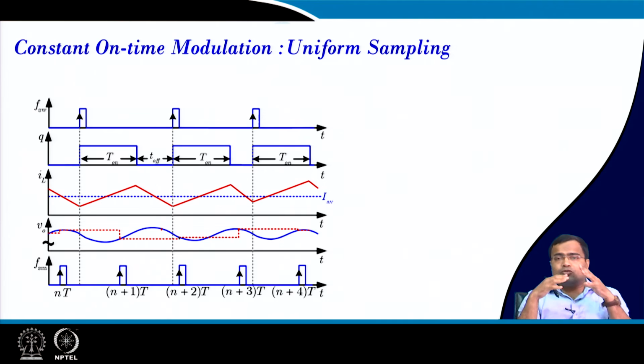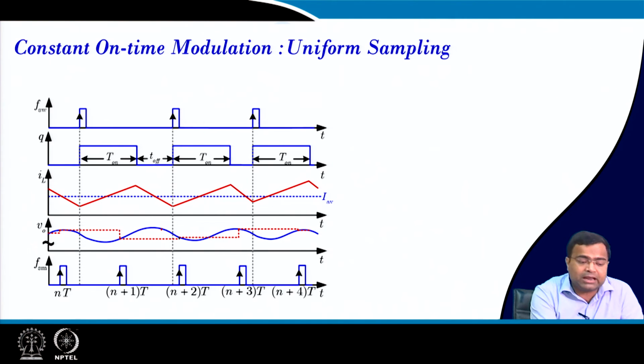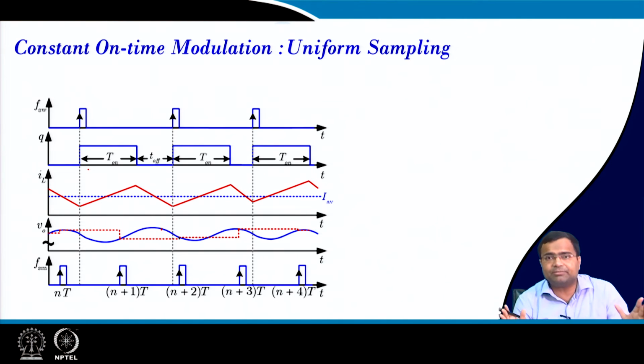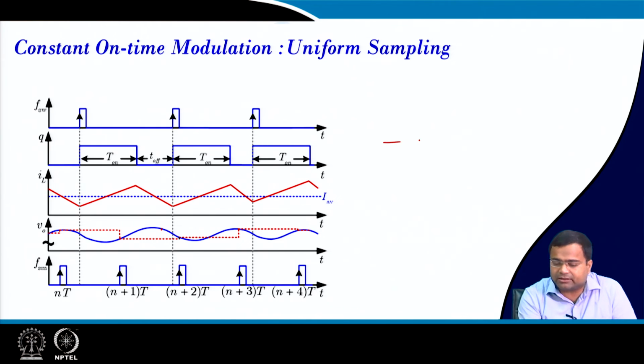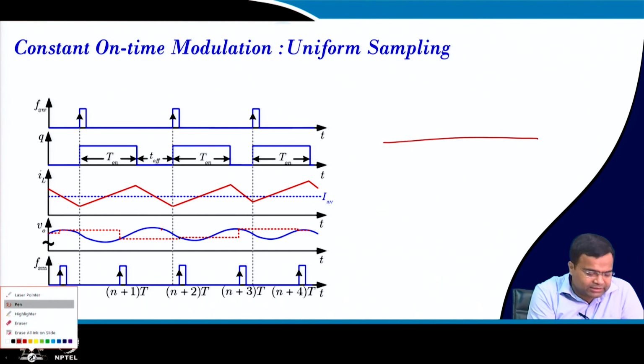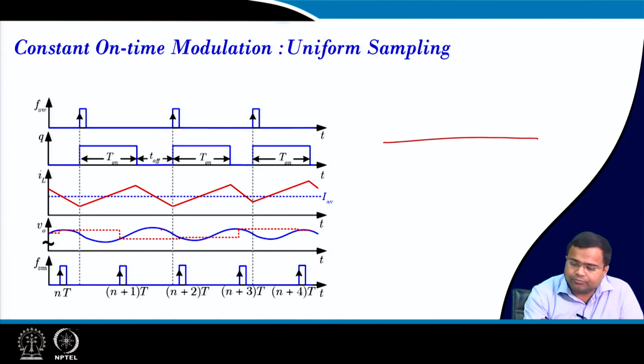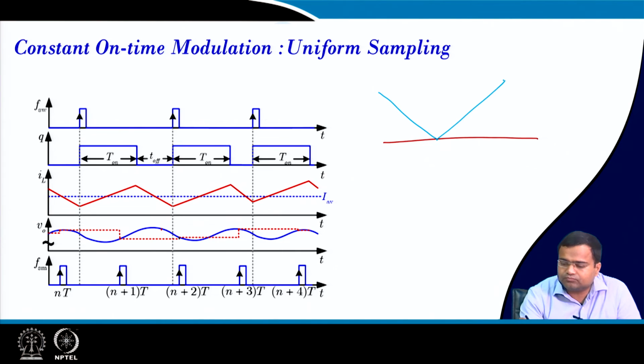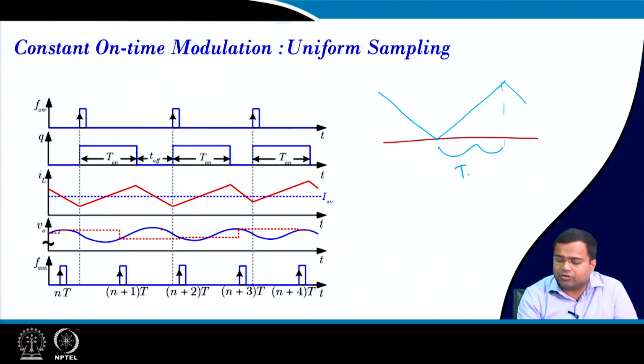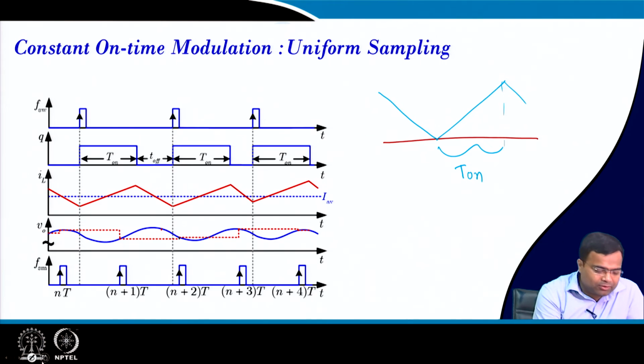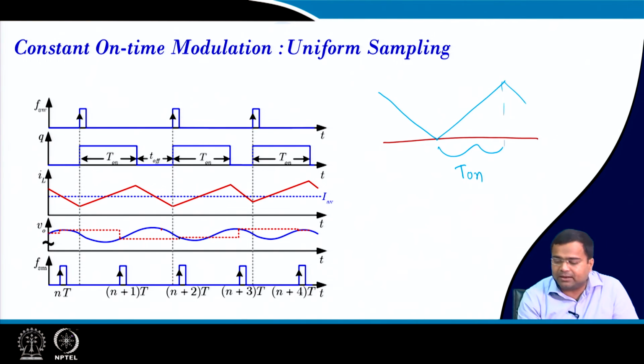Similarly, if you talk about constant on time, where the on time is fixed but the off time varies, and if you take valley current mode control, this is a very popular method for commercial products. So here this time is fixed, this is the on time, and it is fixed. Where should we take the sample?